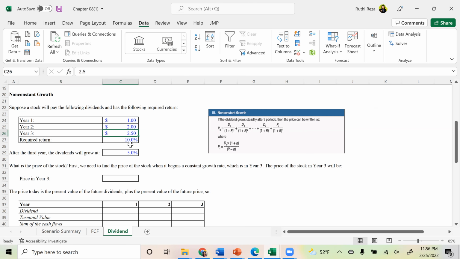indefinite time period with constant dividend growth rate, we can calculate the terminal value. And we are going to get that terminal value in year number 3. Why? Because remember, our dividend in year number 3 will grow at the constant dividend growth rate.